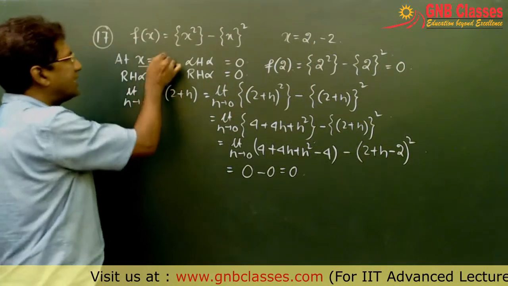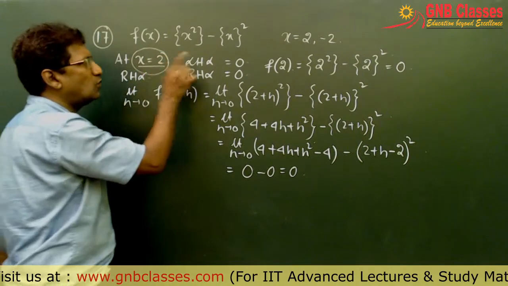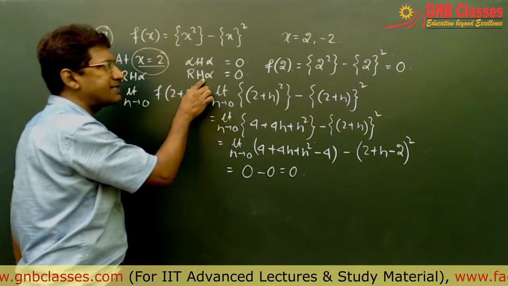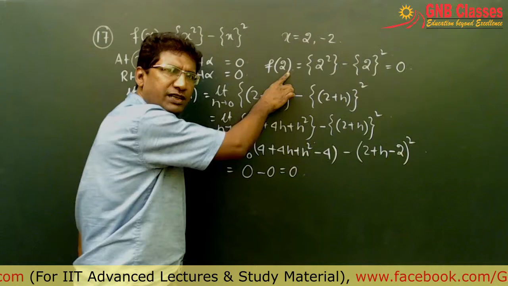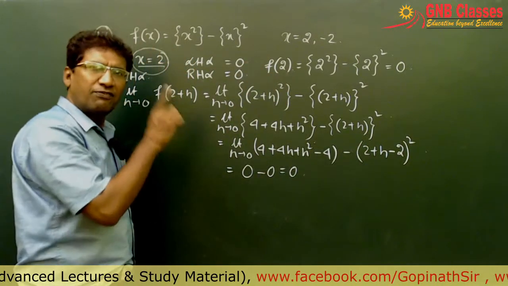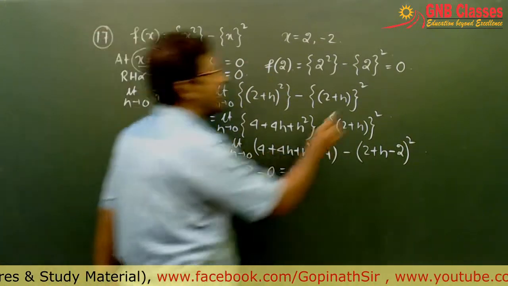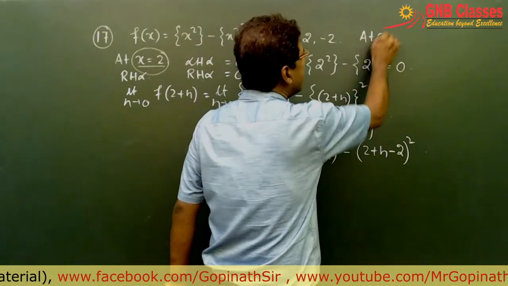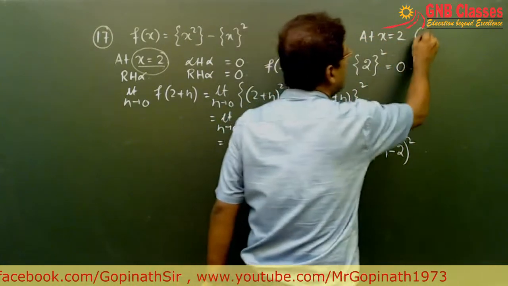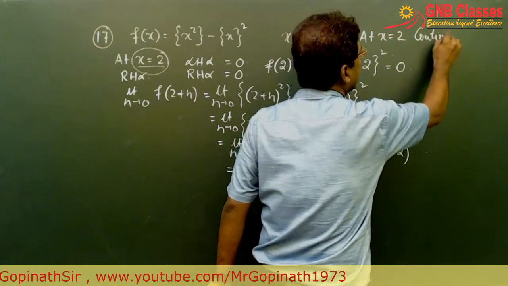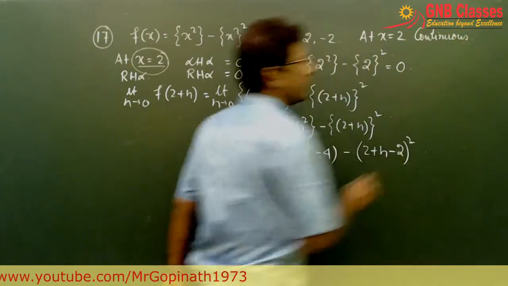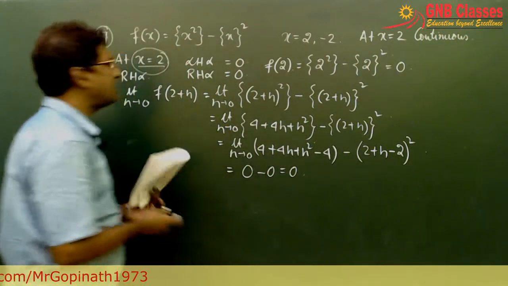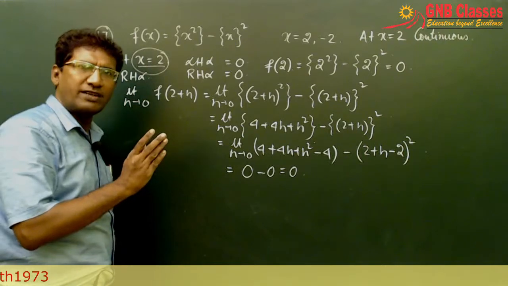Therefore, at x equals 2, the left hand limit equals the right hand limit equals the value of the function. Therefore we say that the function is continuous at x equals 2. Is it clear?